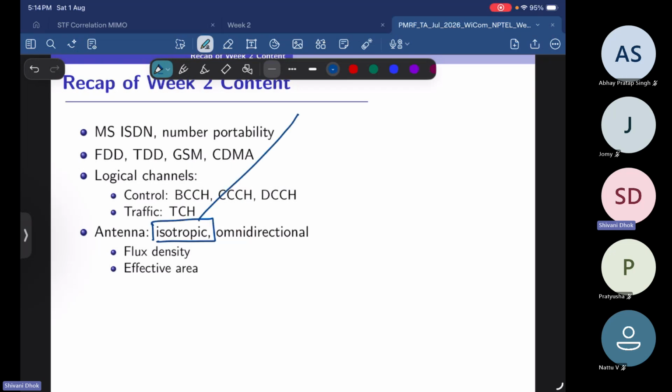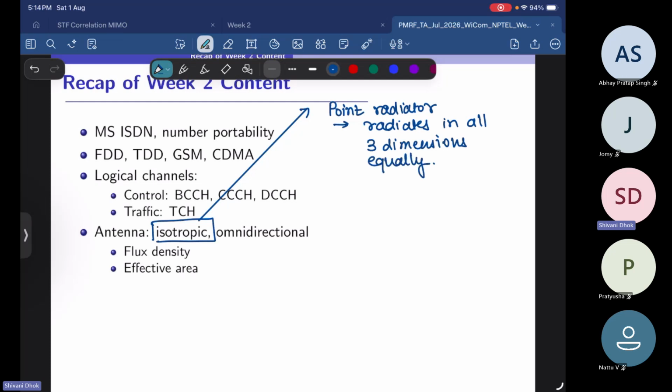An isotropic antenna is essentially a point source, a point radiator, so it radiates in all three dimensions equally.